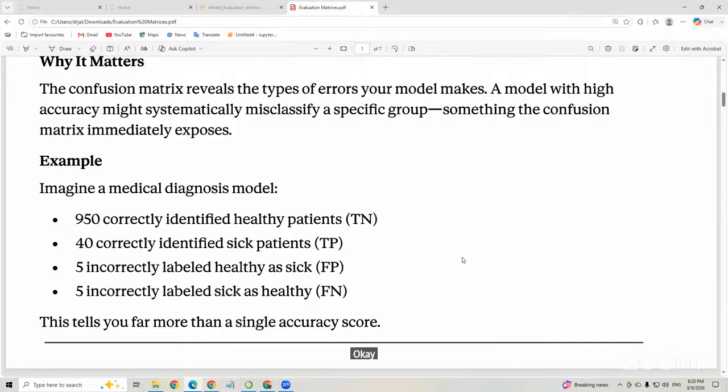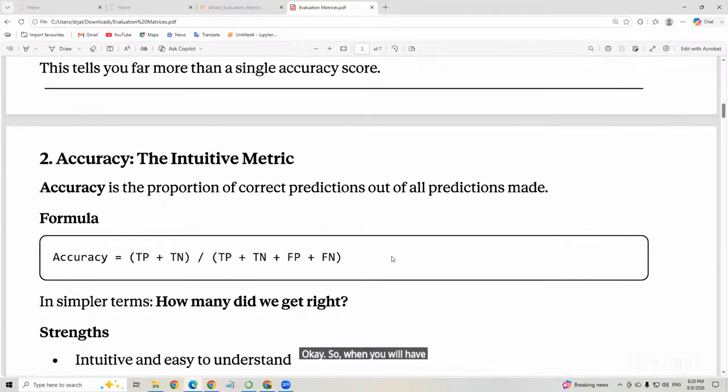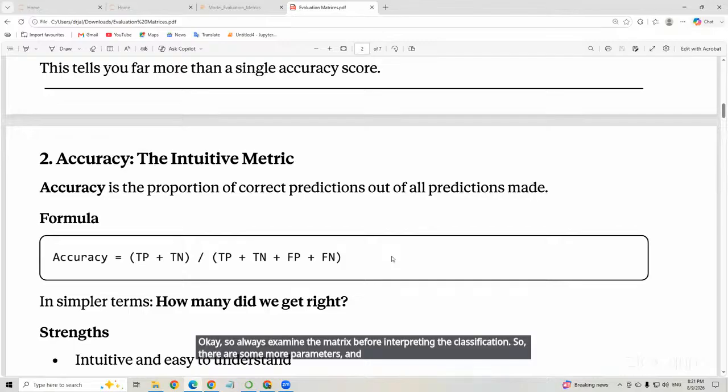So always examine the matrix before interpreting the classification. There are some more parameters, and this matrix is very risky.